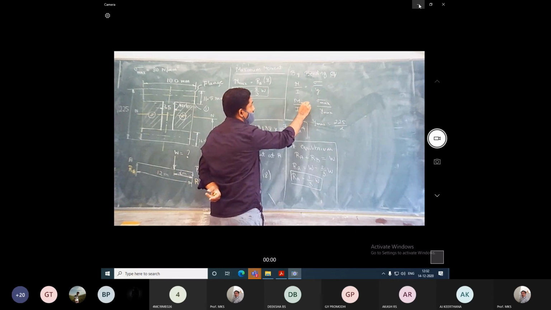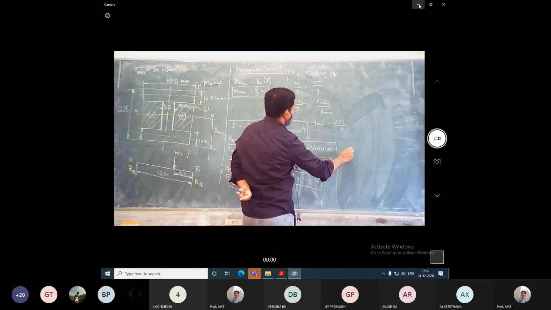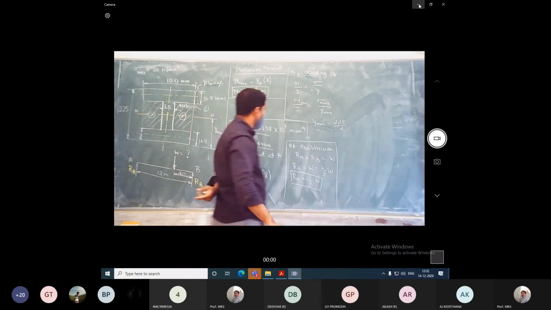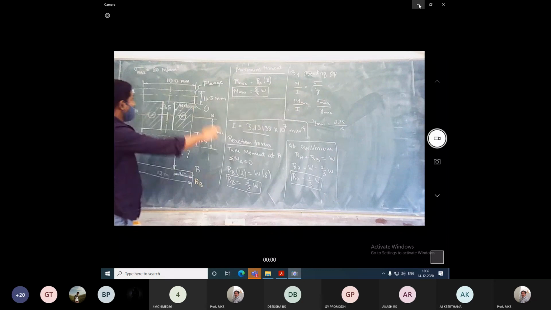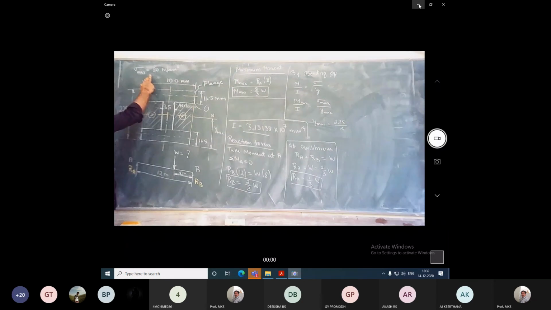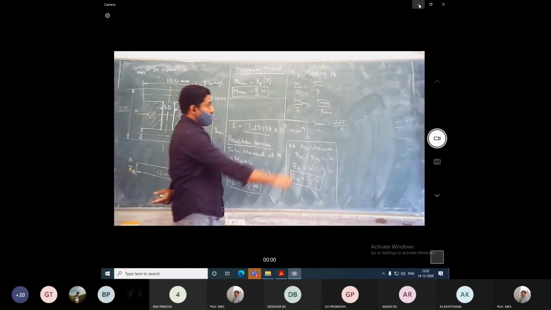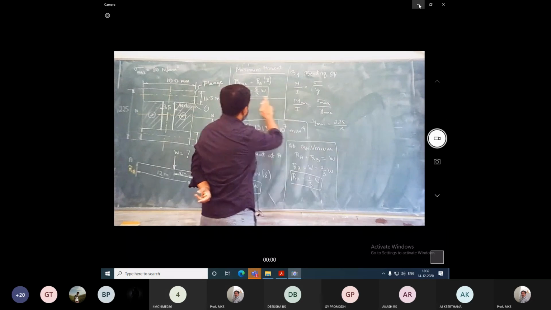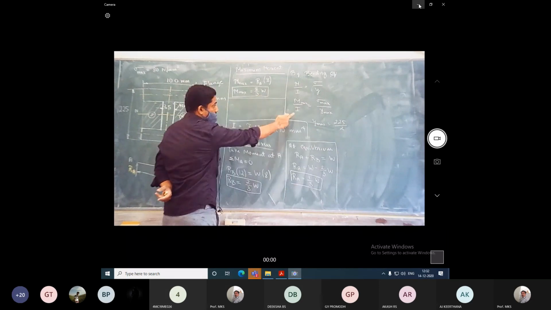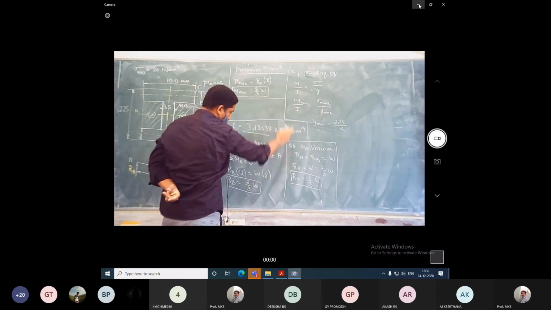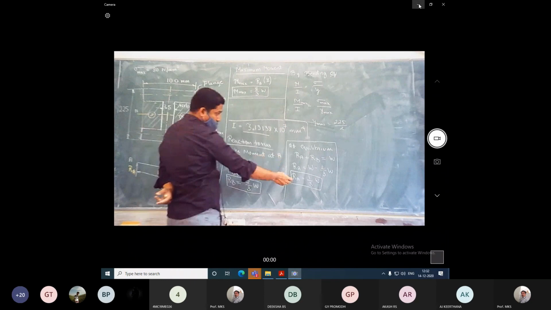So you substitute all the terms here. Sigma max is 80, it is given in the problem. Y max we know, M max is in terms of W, and I, the moment of inertia, is also known. Where is I?